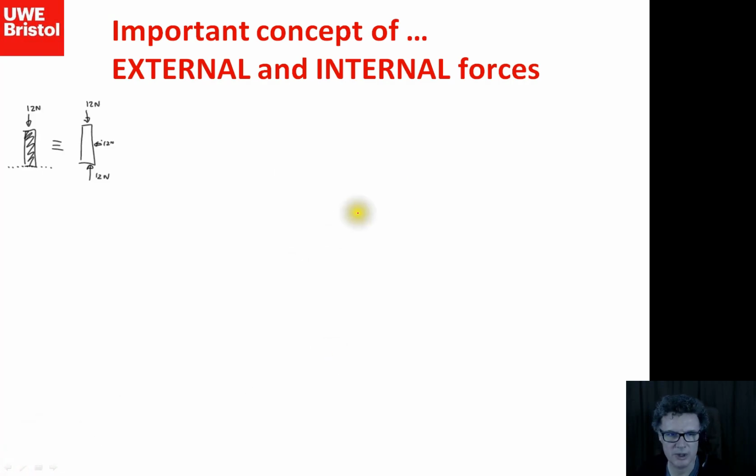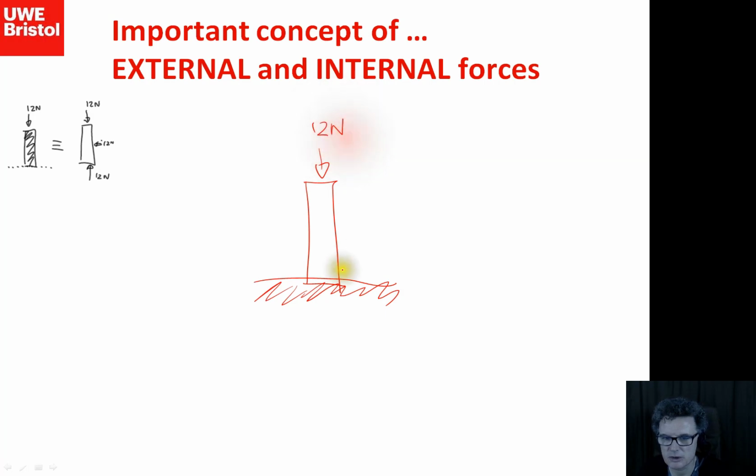What happens if we did the reverse? Well, we had some kind of bar which was standing on the earth. The bar didn't weigh too much, and we applied a load on the bar, so 12 newtons. Well, that bar would be pushing into the ground, and there would be an equal and opposite reaction. So 12 newtons would be going off in that direction.